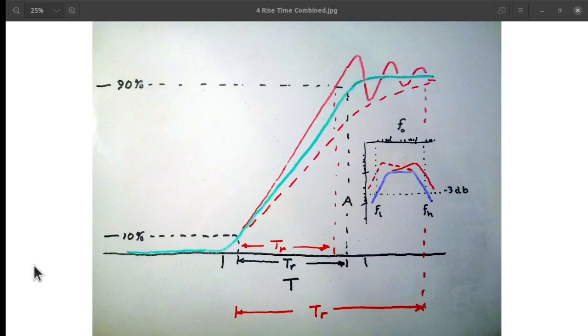Now, this is the principal attribute of an O-scope: you being able to see at one glance how linear your amplifier is. So this is about linear amplifiers, not strictly tuned amplifiers, although they also exhibit bandwidth characteristics. They also exhibit undershoot or overshoot.